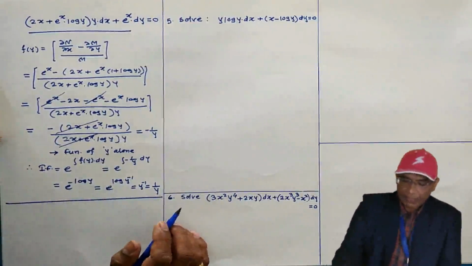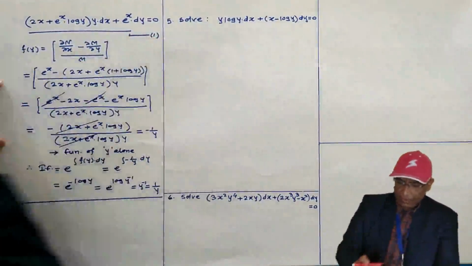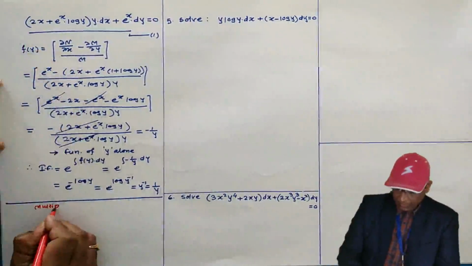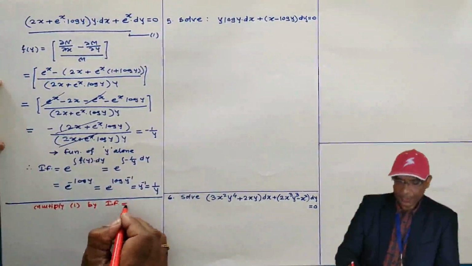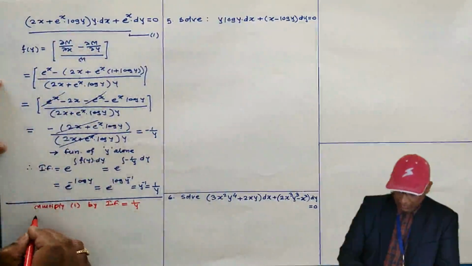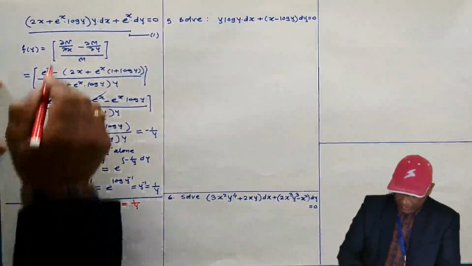Now multiply the given equation by the integrating factor. What am I going to do? Multiply by the integrating factor, which is 1 by y. If you multiply this by 1 by y, what will happen? 2x by y, I am multiplying this by 1 by y, only 2x will remain.